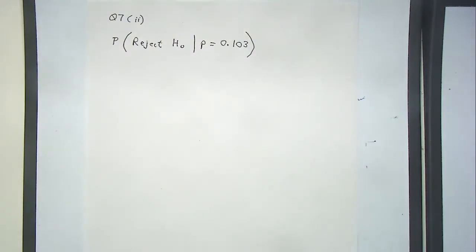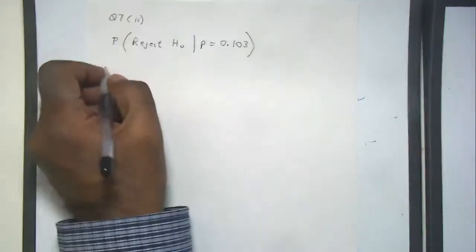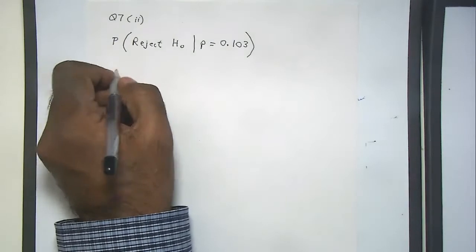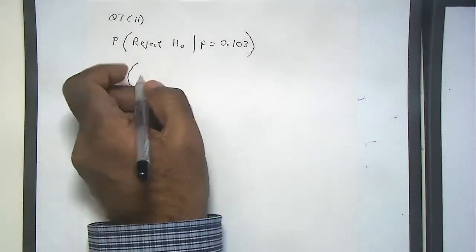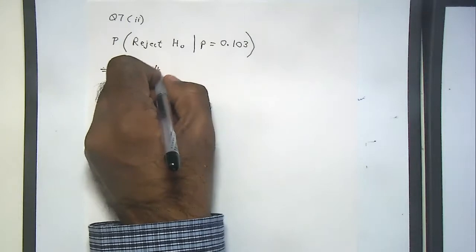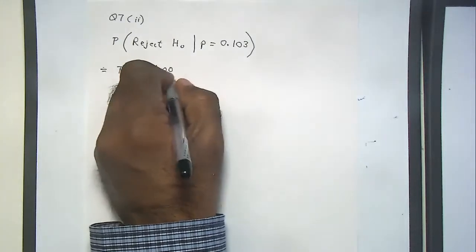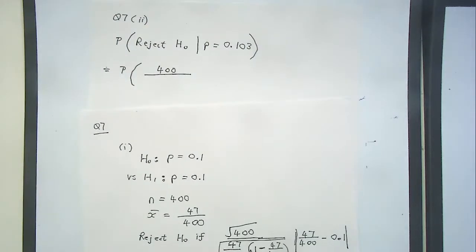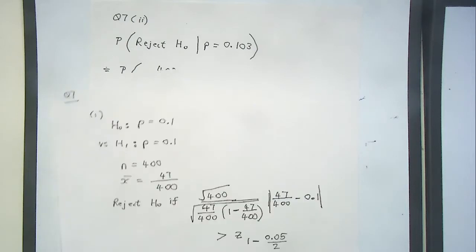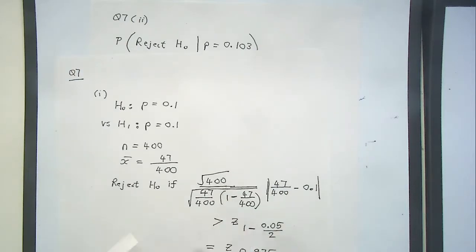Okay. So basically what you need to do is find the probability of... oh sorry, I missed out a square root. There should be a square root at the top here, right?